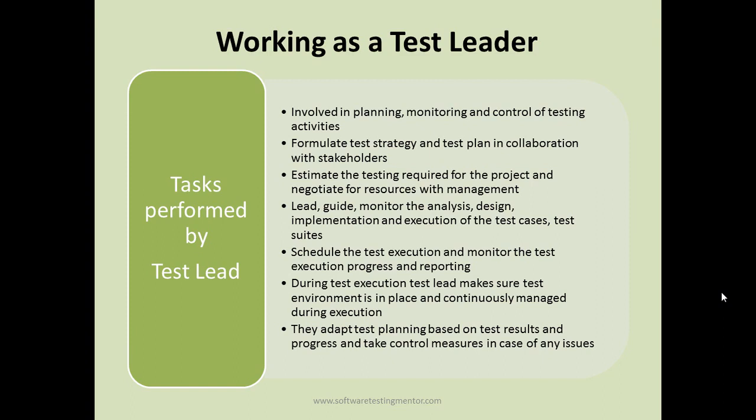He is the person who writes all the plans, then monitors the testing activities as they progress, and if there are any issues with the testing activities, he does the control of testing activities as well. Then he formulates the test strategy and test plan in collaboration with stakeholders. He's the person who is always in discussion with all the stakeholders.